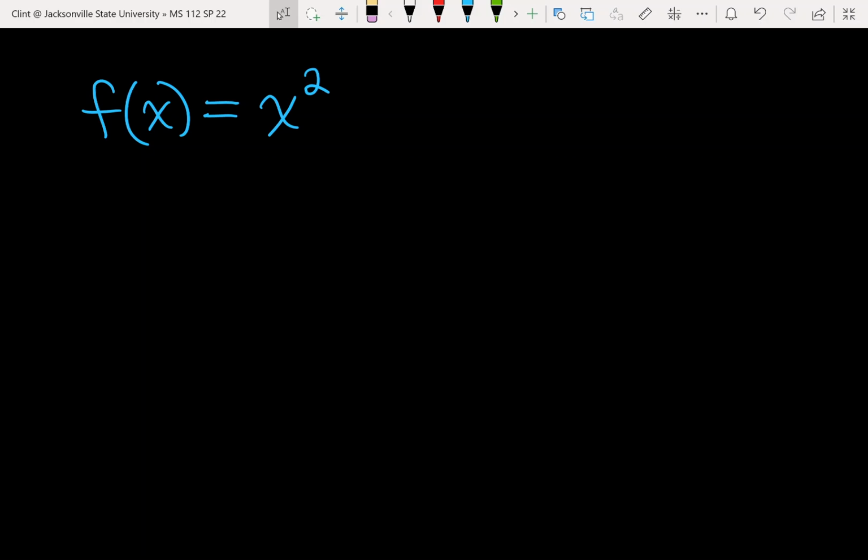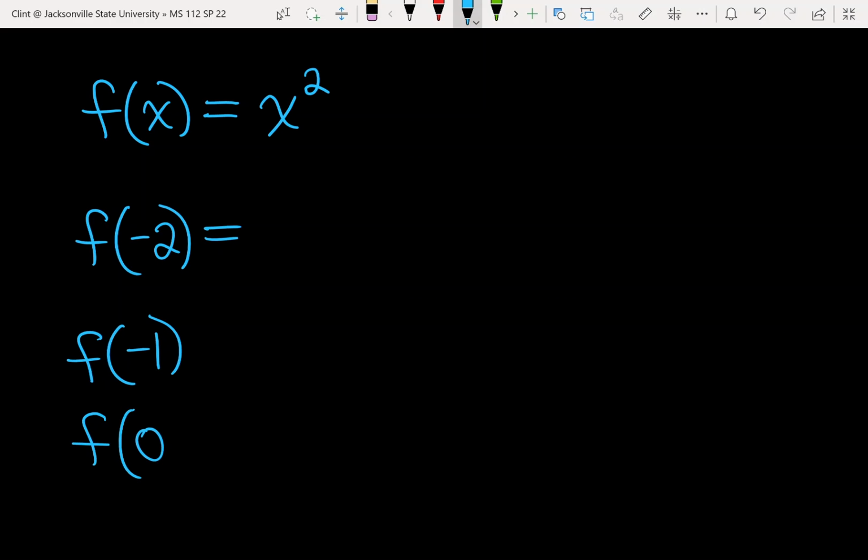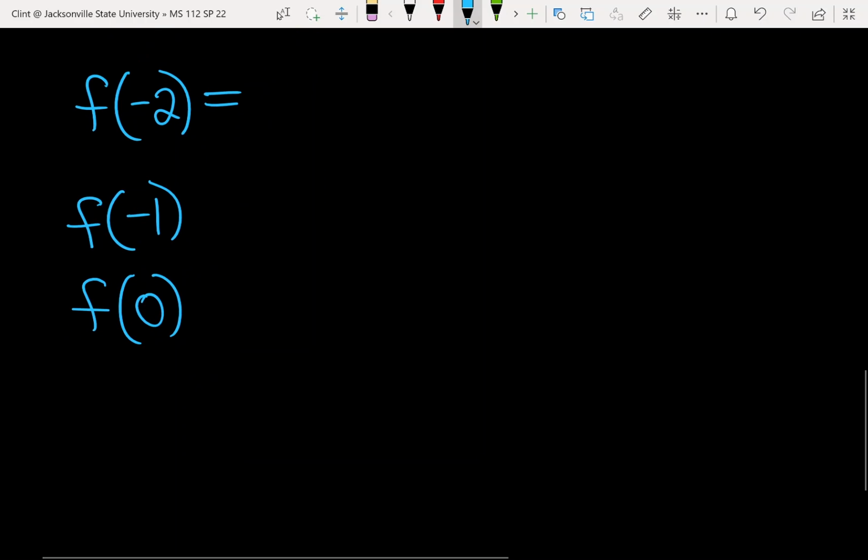You probably already know what this one looks like, and that's okay. Let's investigate. Let's pick a few input values and see what happens. I'm going to pick some on the negative side, some on the positive side.